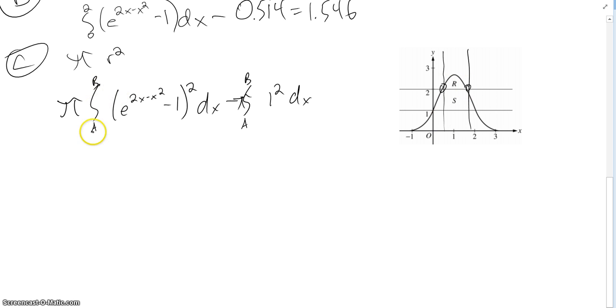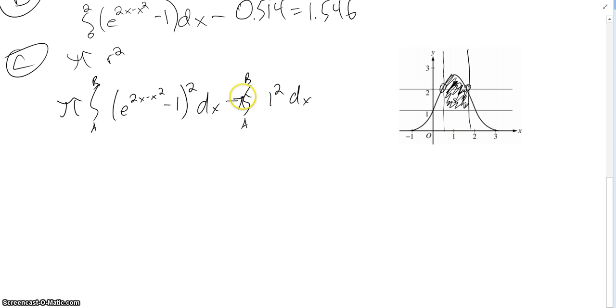So when we say from a to b of e to the 2x minus x squared minus 1, squared, that is giving us this whole shaded region here, and we're getting the volume of that rotated.